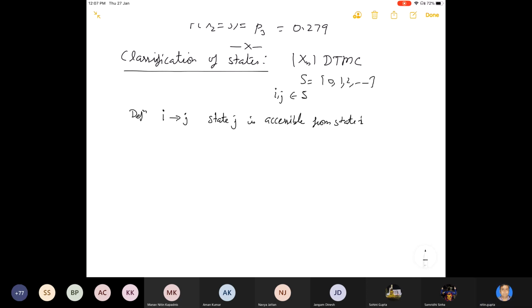In notation, we can write that state j is accessible from i if Pij(n) is positive for some n, where Pij(n) is basically the probability that Xn is equal to j given X0 is equal to i.